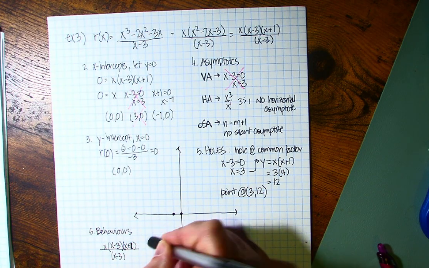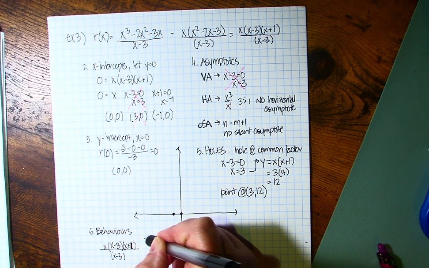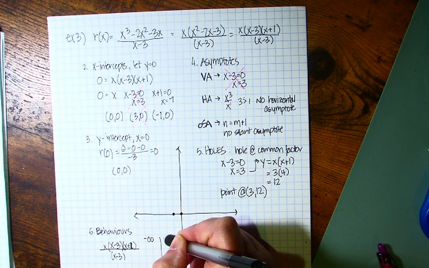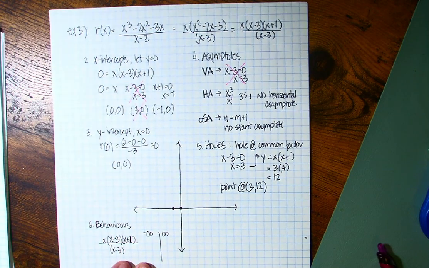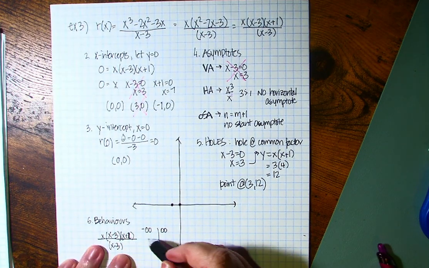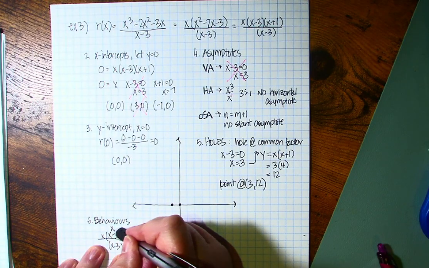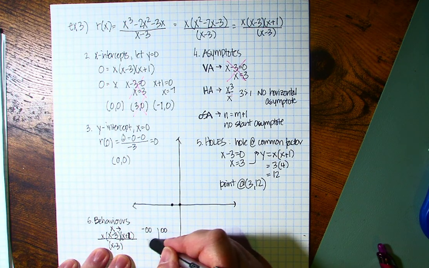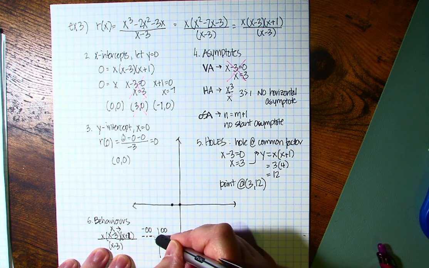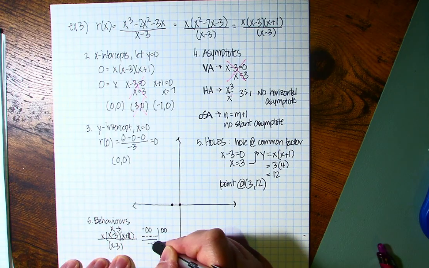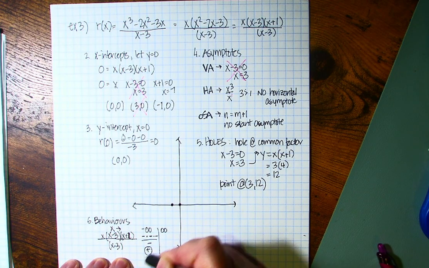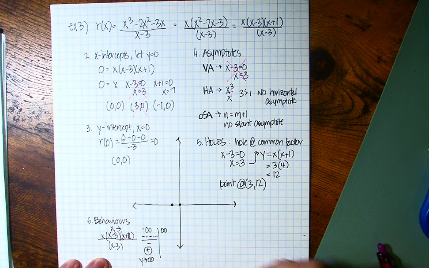And then we'll take a look at what happens as x goes to positive infinity and to negative infinity. So if we compare negative infinity first, as x goes to negative infinity, that's going to be a negative times a negative times another negative divided by a negative, okay, so I get a positive outcome. So my y will go to positive infinity.